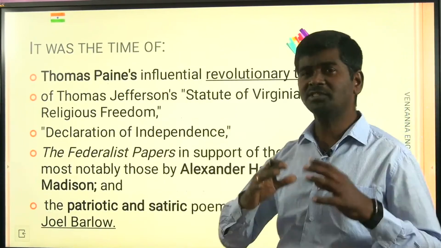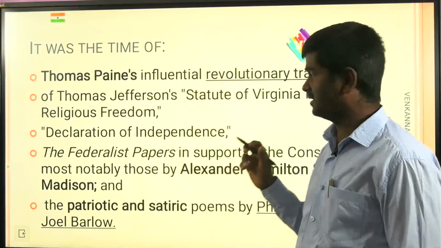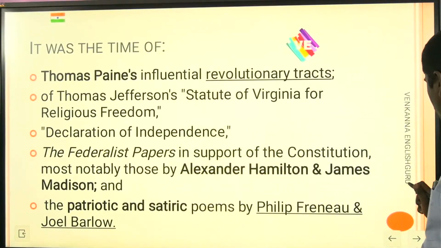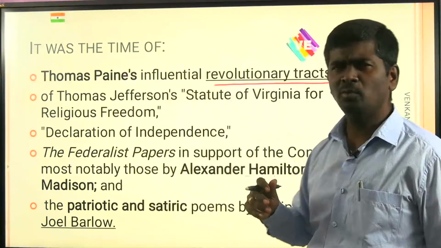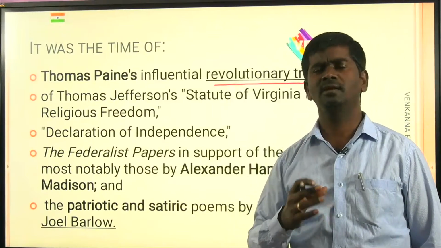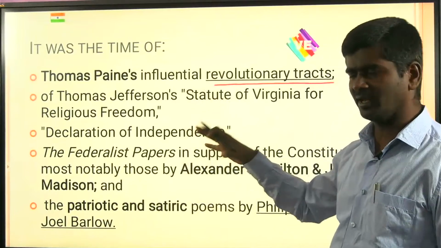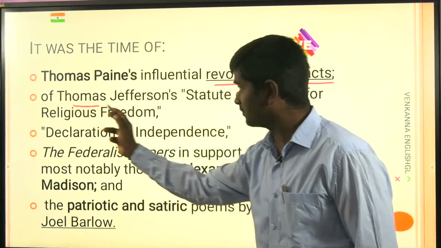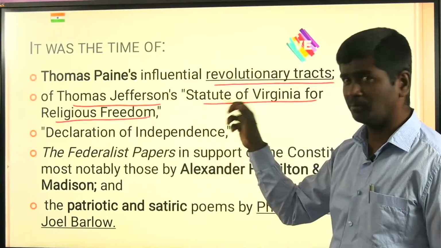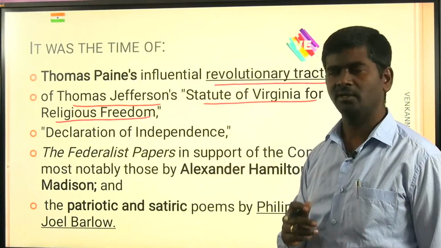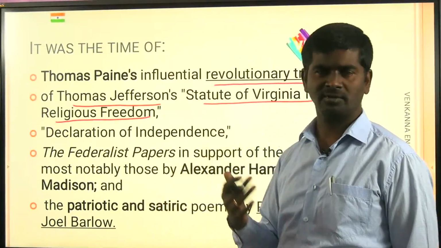Next, friends, during this period you could find a lot of issues like Thomas Paine's revolutionary tracts, who wrote a lot of revolutionary political ideas and political essays in American literature. Thomas Jefferson's Statute of Virginia for Religious Freedom, another important political tract, influenced a lot of people of America and they revolted during the time.